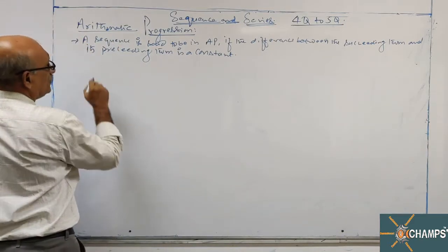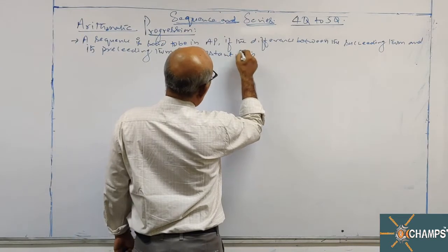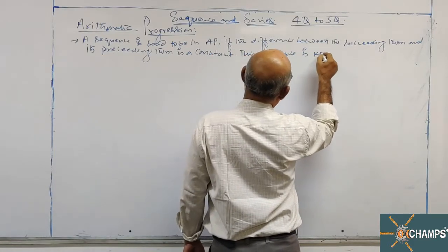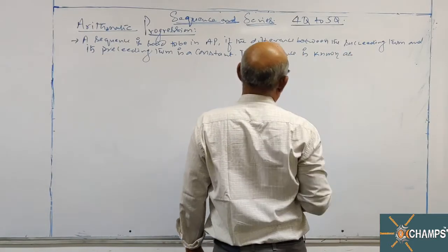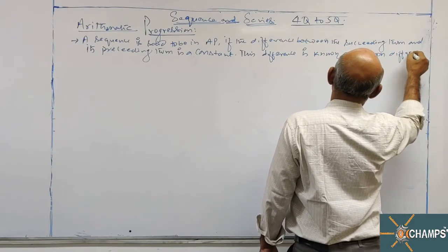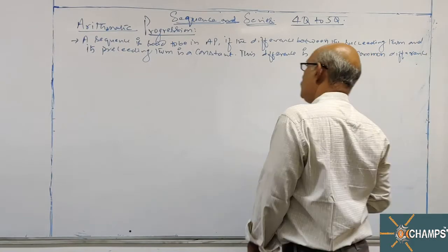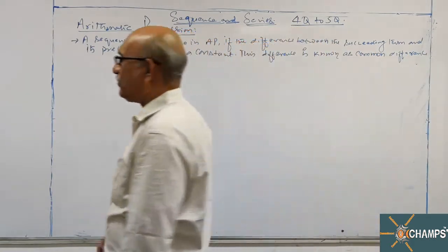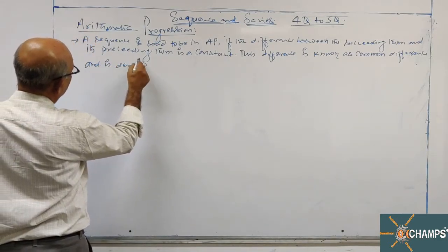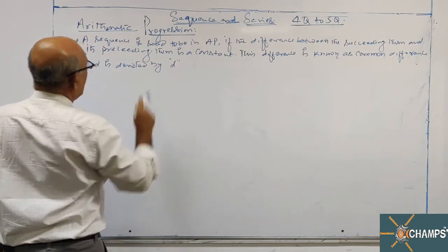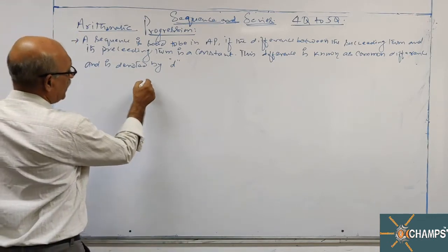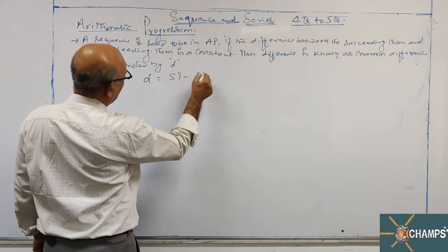So this difference is known as common difference and is denoted by D. So D is equal to succeeding term minus preceding term.